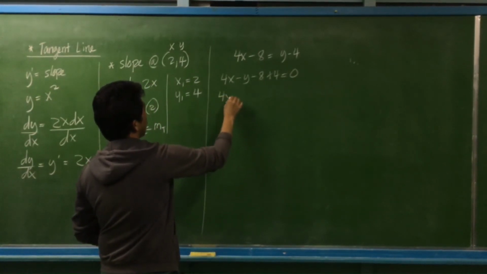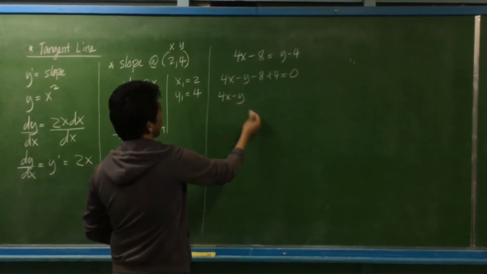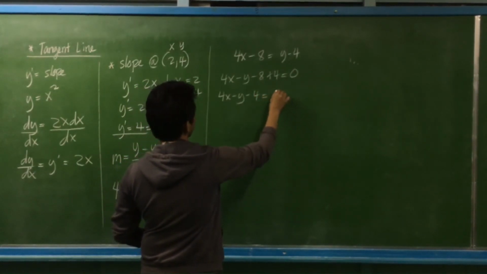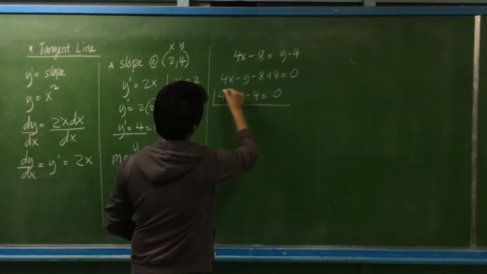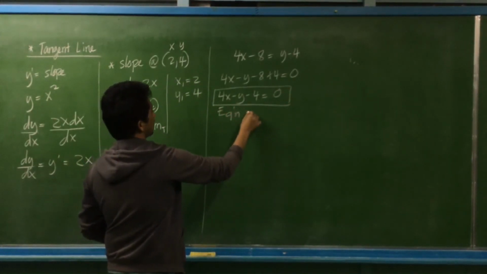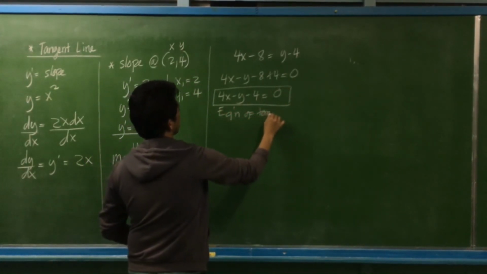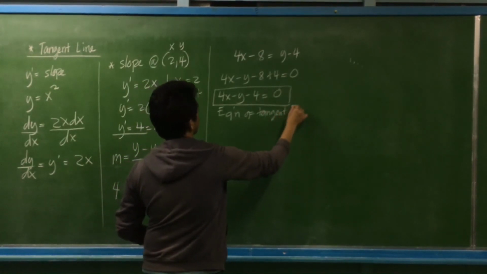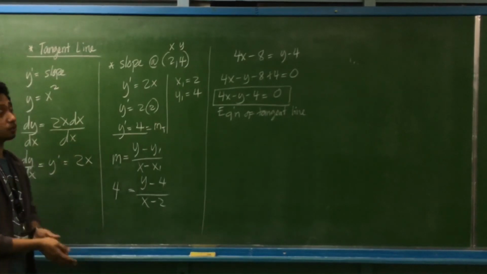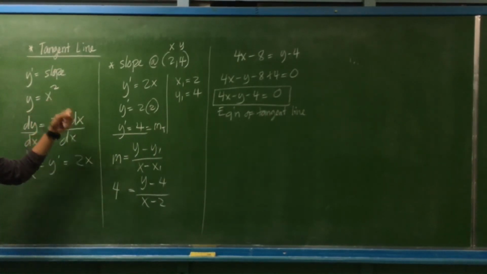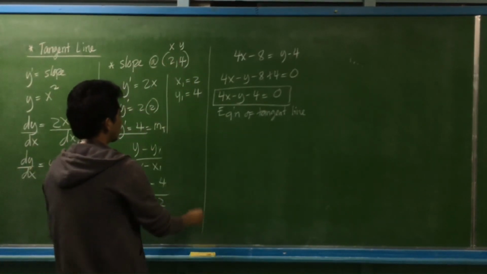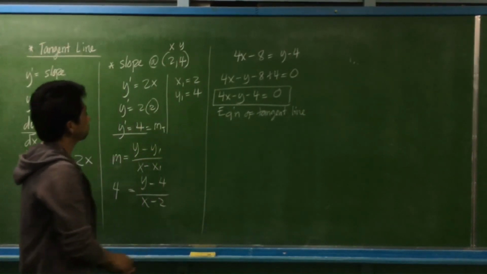So we have 4x minus y minus 4 is equal to 0. This is the equation of the tangent line, tangent to the given curve y is equal to x squared at the coordinate (2, 4).